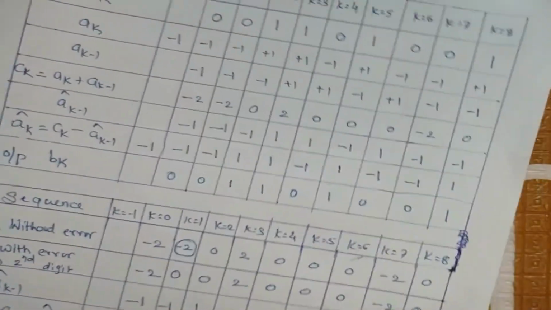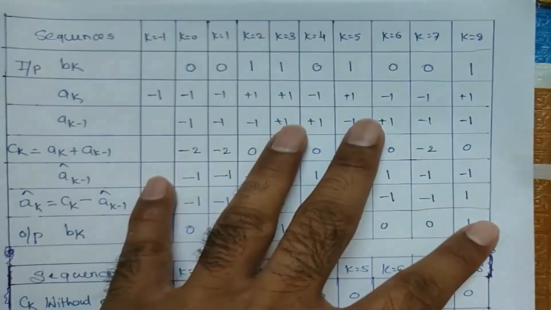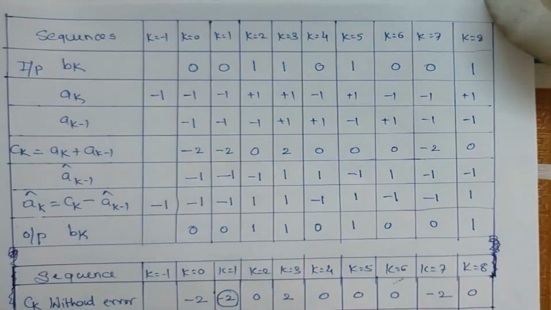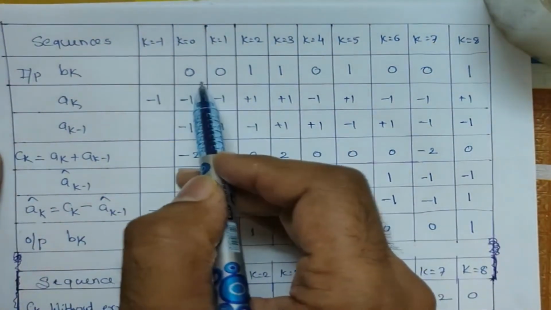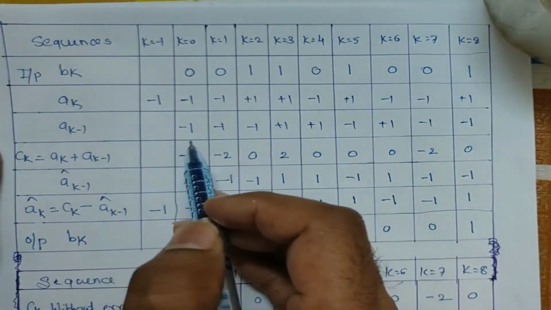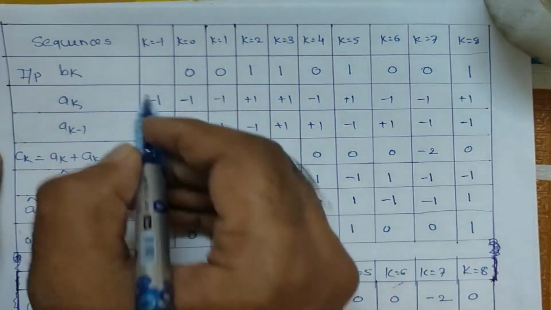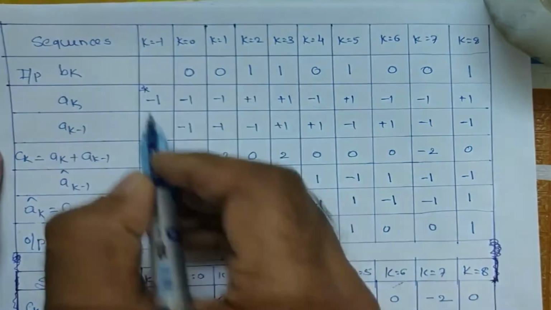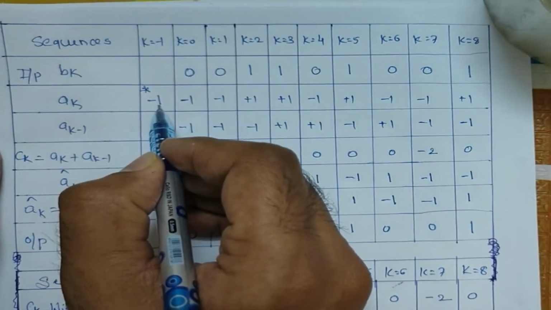Have a look. This is what my input is: 0 0 1 1 0 1 0 0 1. Now I have considered this value a_{k-1} as -1.